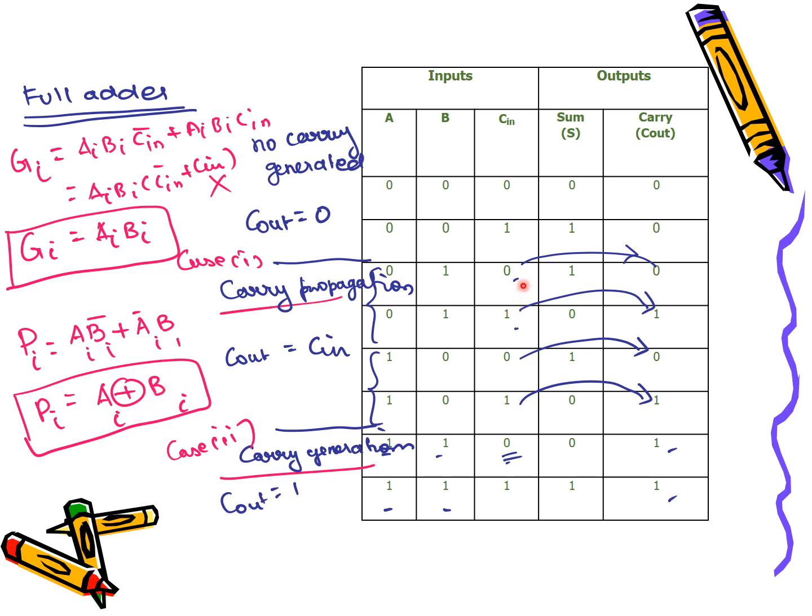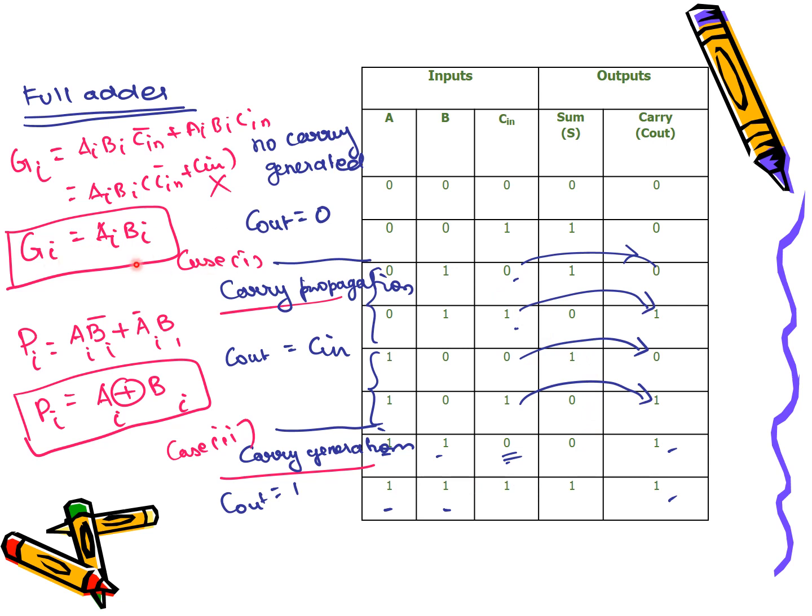Whatever Cn is, for these 2 conditions it is getting propagated. So Pi propagates the previous carry, and while writing the final expression we will write it as Pi Ci minus 1.